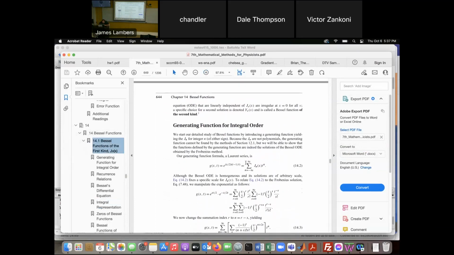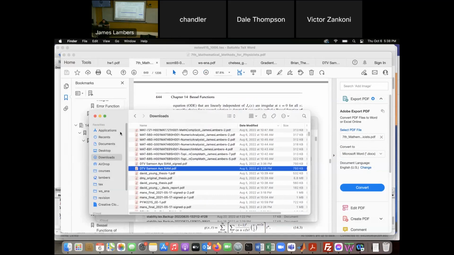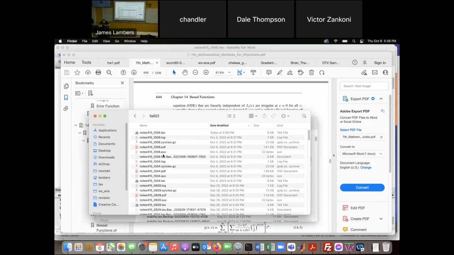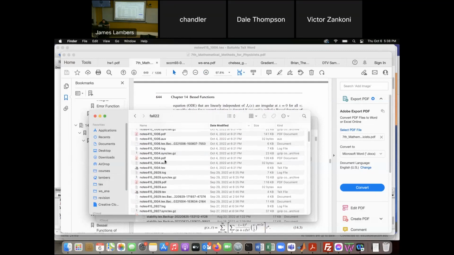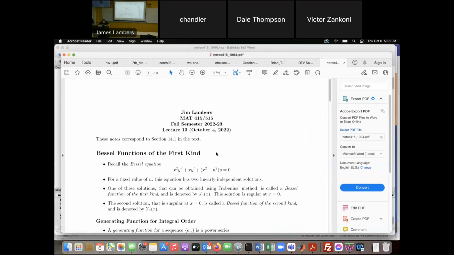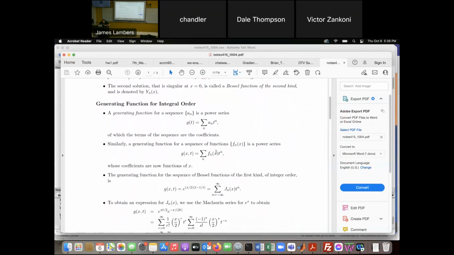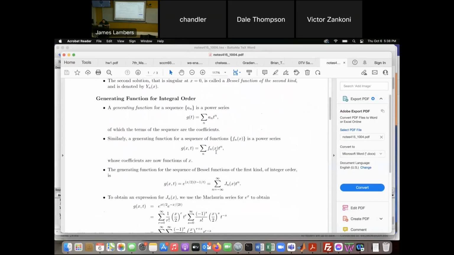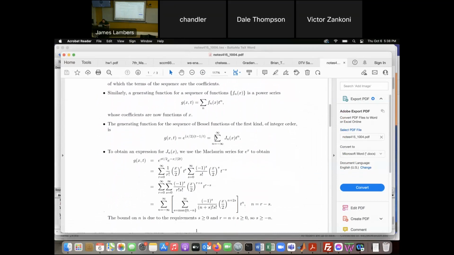I'll just make sure I have this correct. Let me check something from last time's notes. Okay, I forgot that here we have this sum from minus infinity to infinity. So at least the notes from last time are correct.